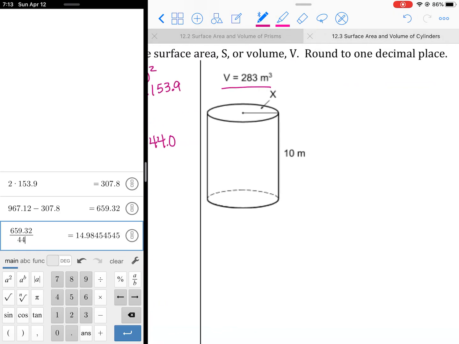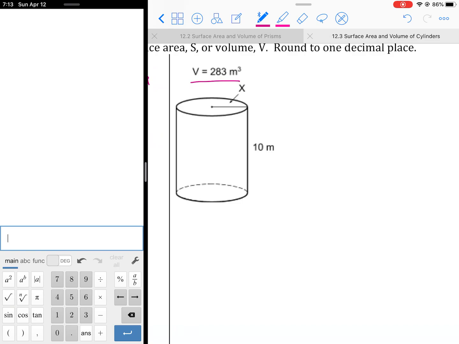So now let's look at our next one. Here we're given the volume. So x is my radius and 10 is my height. In this one, whenever I think about my area of the base and my circumference, my variable is going to be in there. Since it's giving me the volume, for the volume formula, I only need the area of the base.